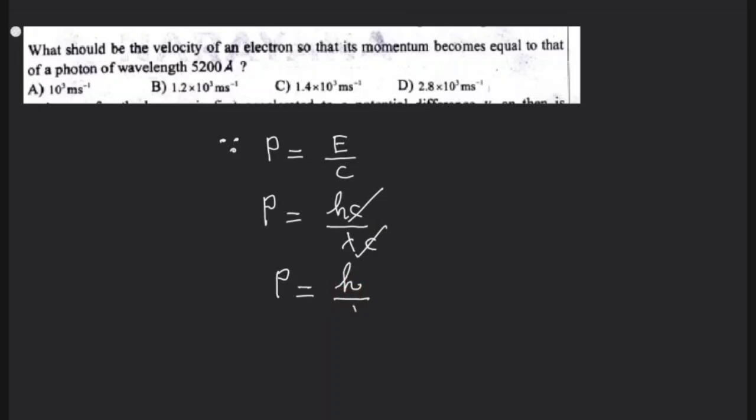Since momentum of photon can be written as P is equal to E by C, and E can be written as hc by lambda, into C, the C gets cancelled. Therefore momentum of photon is P is equal to h by lambda, and according to this question, this h by lambda is equal to m into V. Therefore V is equal to h by m into lambda.